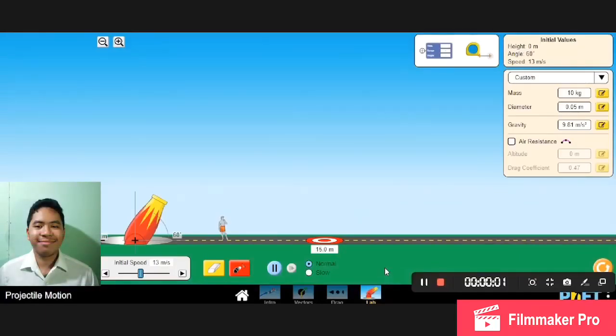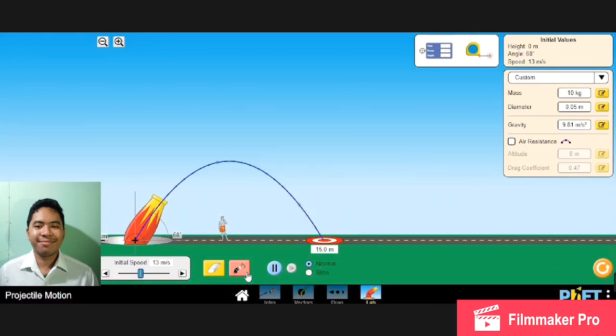By using PhET, we will demonstrate the relationship of angle and range. In this example, we will use 60 and 30 degrees to see the relationship. With the same force, an object fired at these different angles will land on the same spot.